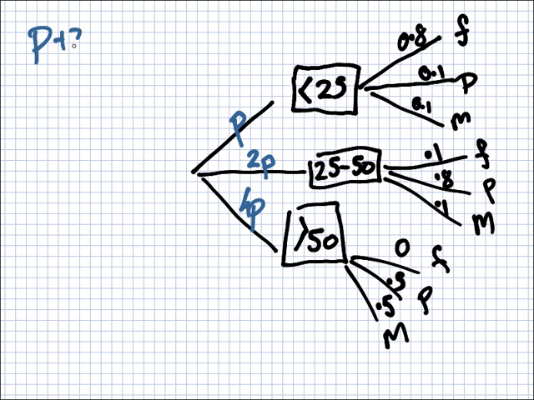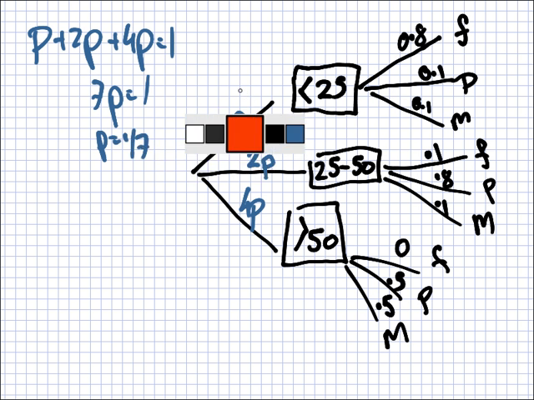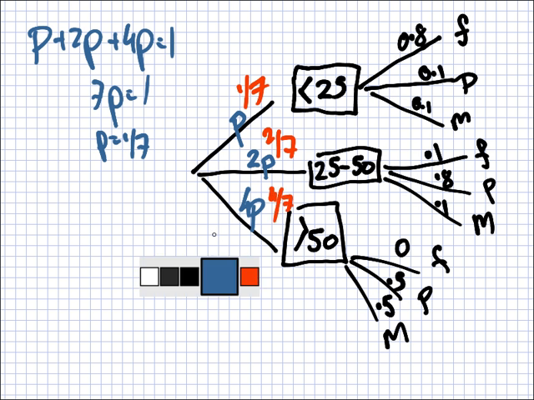P plus 2P plus 4P has to equal 1. 7P has to equal 1. P is 1 over 7. So the probabilities are 1 over 7, 2 over 7, 4 over 7. And also there are 30 students.